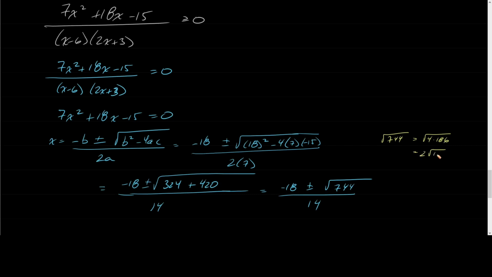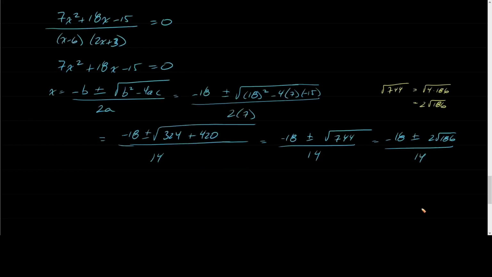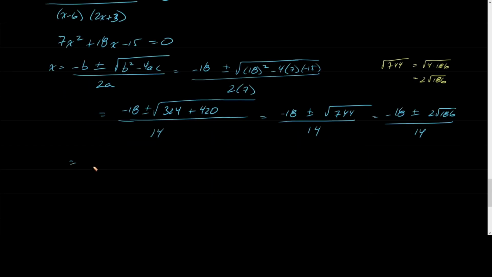So that's 2 radical 186. All right. So this gives me now negative 18 plus or minus 2 radical 186 over 14, which then reduces to negative 9 plus or minus the square root of 186 over 14.